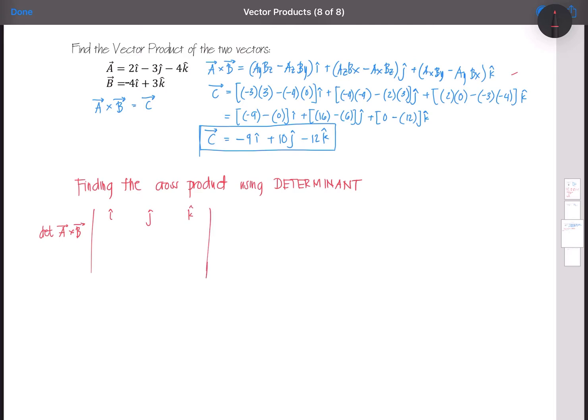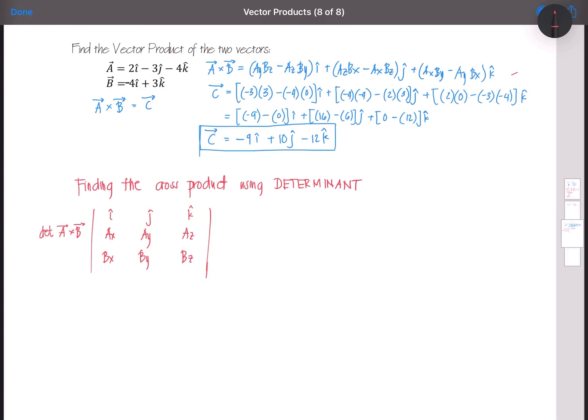Then we simply write the values: AX, AY, AZ, then BX, BY, and BZ.